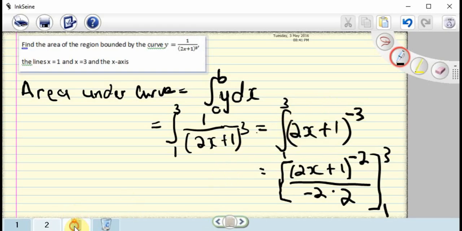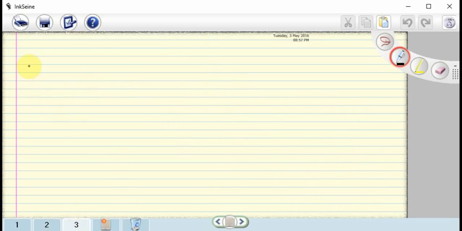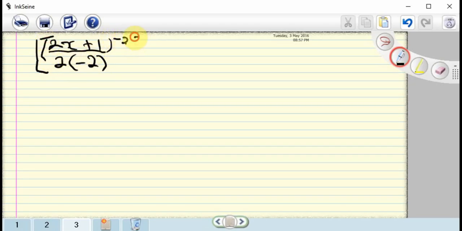Let me write that back. We have (2x plus 1) to the negative 2, over 2 times negative 2, which is negative 4, and the limit is from 1 to 3. Let's simplify this.